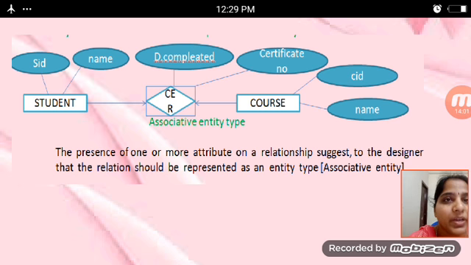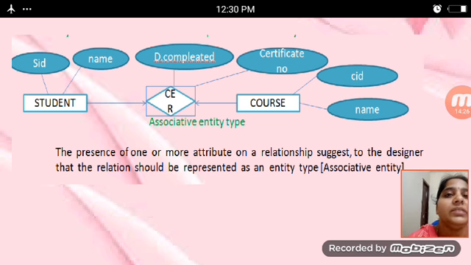A student having SID and SNAME is there. For the associative entity, in this figure I am showing the rhombus symbol for the relationship, and a rectangle with course completed and a certification number, which is an authenticated number. A course has an ID and name.